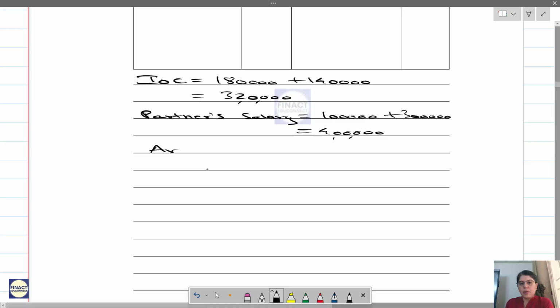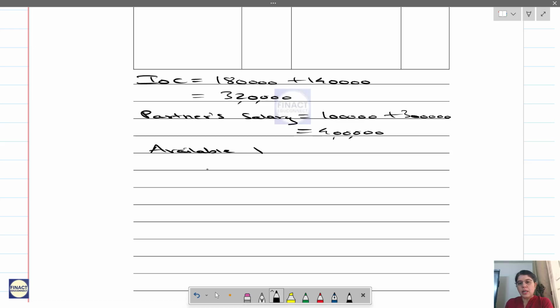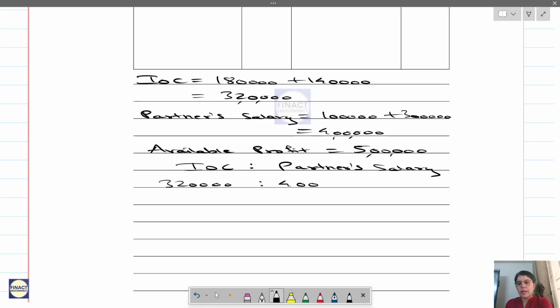So how much is the available profit over here? Available profit is 5 lakhs. Now we are going to calculate the ratio of appropriation between interest on capital and partner's salary, because available profit is less than the appropriation. So here, this is 3,20,000 is to 4 lakh, correct?